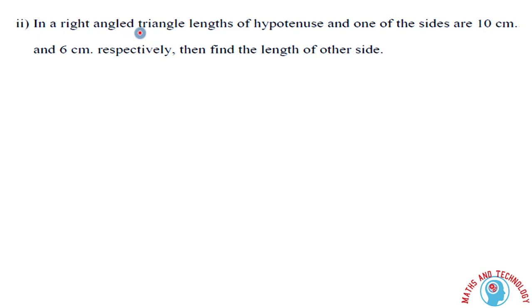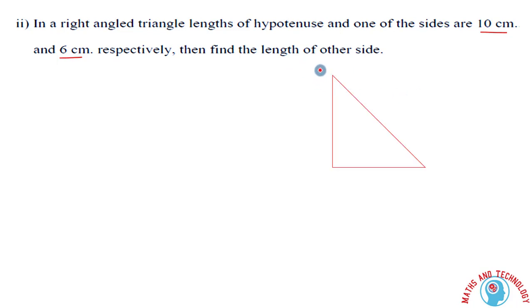Question 2. In a right angle triangle, lengths of hypotenuse and one of the sides are 10 cm and 6 cm respectively. Then find the length of other side. Here the given length of hypotenuse is 10 cm and one side is 6 cm. We draw a right angle triangle.